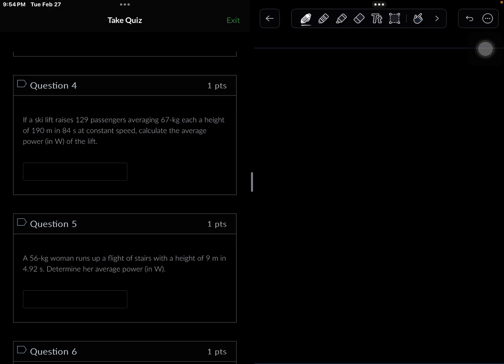Fourth question. A ski lift raises a certain number of passengers, each weighing a pretty heavy amount, 190 meters in 84 seconds. Okay, this is a fun question, and it requires you to use 2 of the energy conservation laws. First, you want to find the total mass, so you take the number of passengers times each one of their masses. You would get the total mass. I'm going to put that as m.